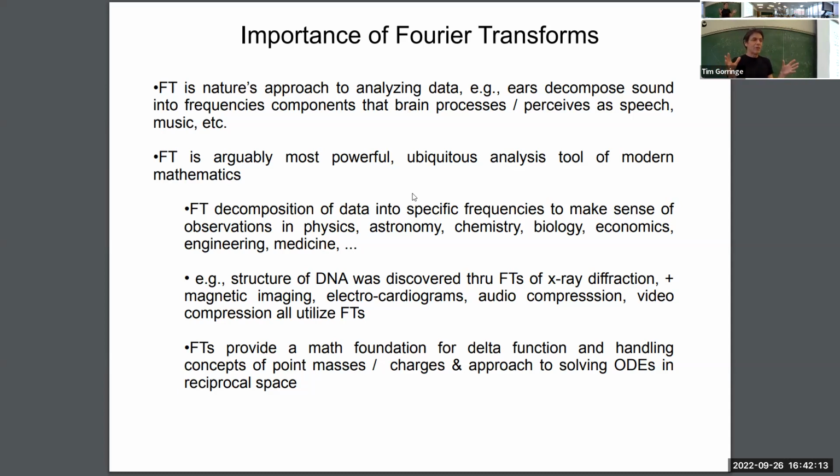You see statements that it's the most powerful mathematical tool that has been developed, it's so widely used. Famous examples of the use of Fourier transforms include the discovery of the helical structure of DNA, which was due to Fourier transforms of X-ray data on strands of DNA.